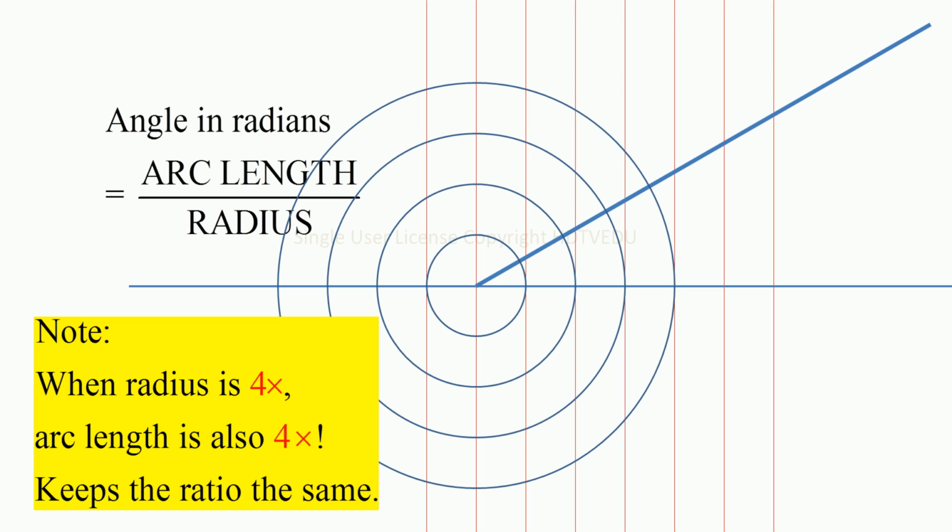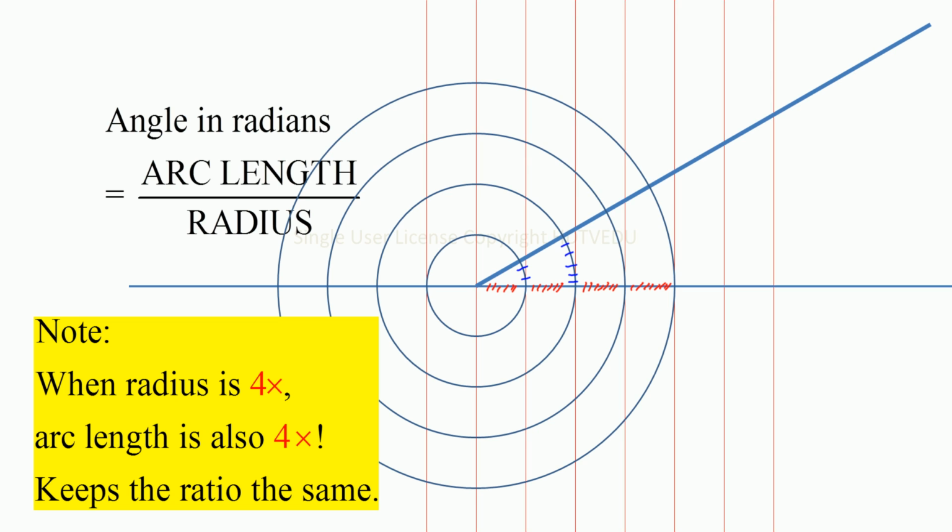Let's do that again. Okay, at 1r, so this is 1r, this is 2r, this is 3r, this is 4r. At 1r, we have 1, 2, 3. At 2r, we have 1, 2, 3, 4, 5, 6.